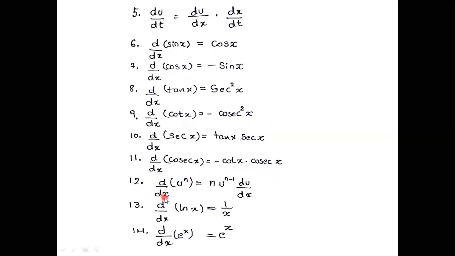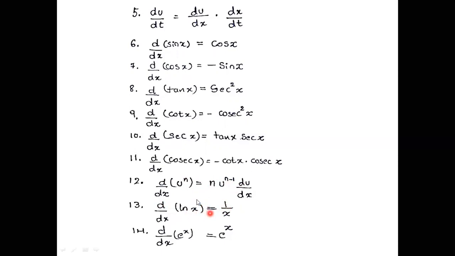Differentiation of u raised to n. Okay. So here it is n, the power value, take as it is. Then u to the power n minus 1. So n times u to the power n minus 1 times du upon dx. Next, differentiation of ln x will be equal to 1 by x.